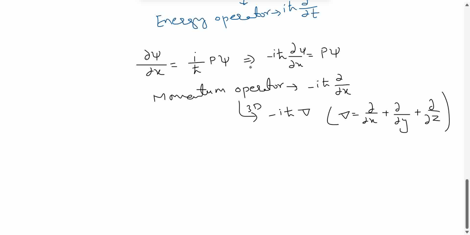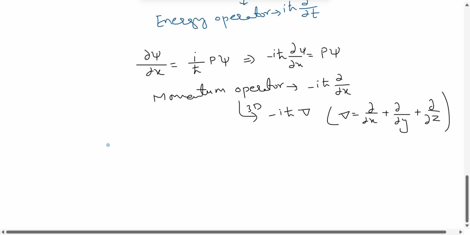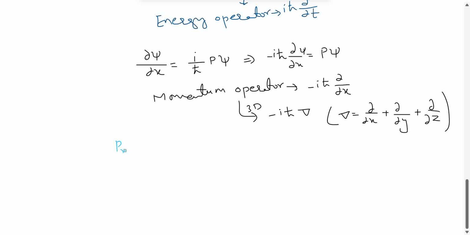And we can also find the momentum operator along each axis. So px is minus i h cross dou by dou x, and along y similarly.